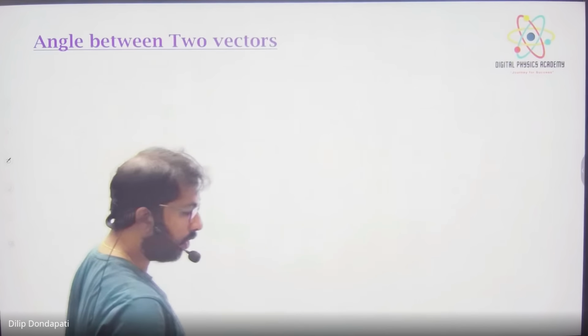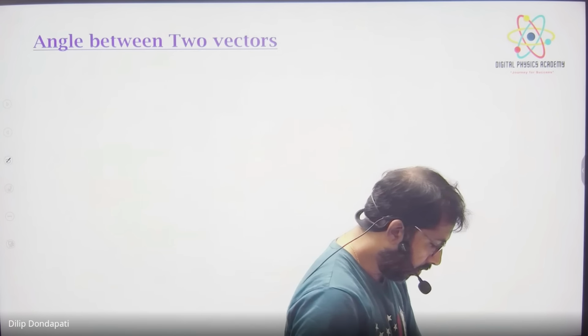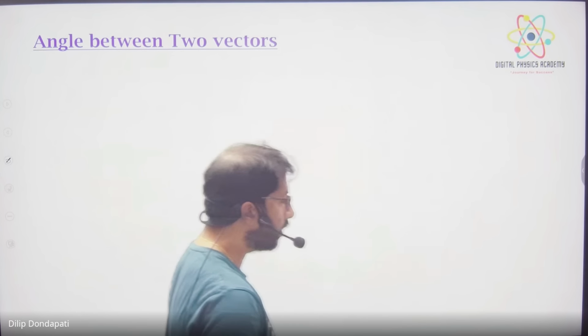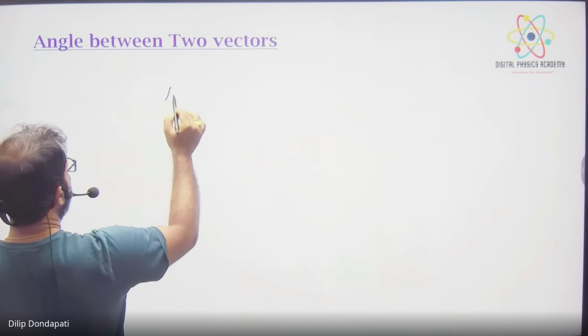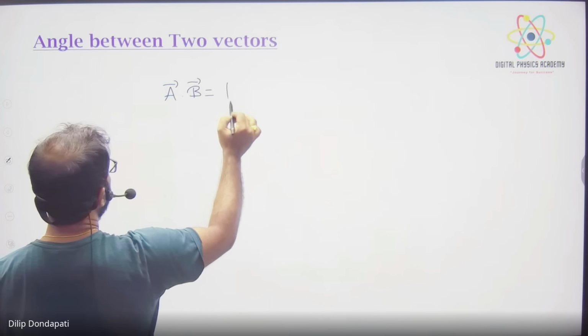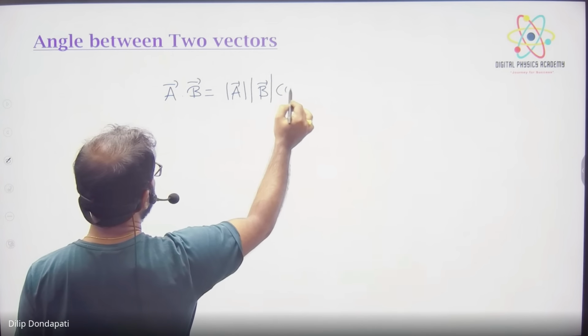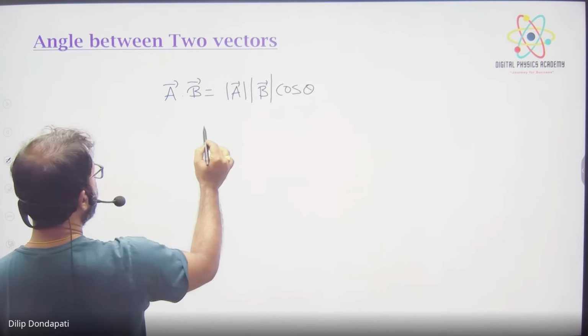Now, angle between two vectors. You know the formula for the angle between two vectors, which is coming from this formula only. What is the formula for A dot B? AB cos theta, mod A mod B cos theta. So from this, what is cos theta?